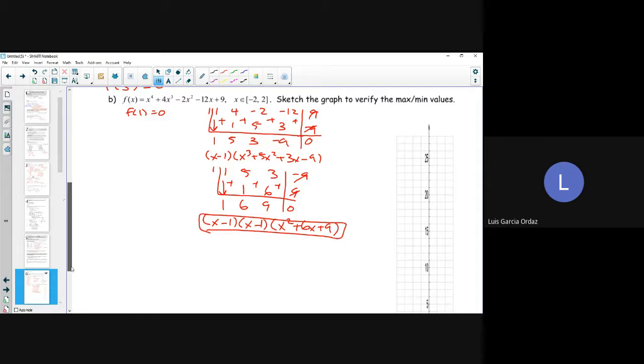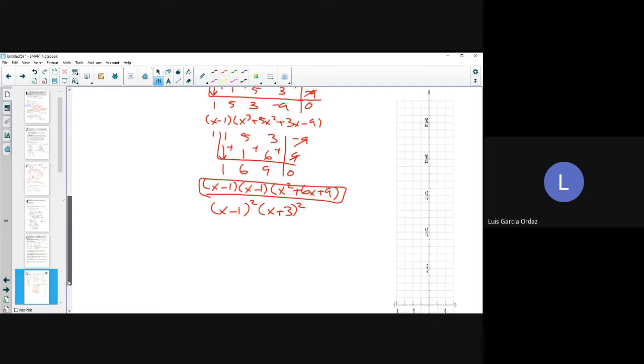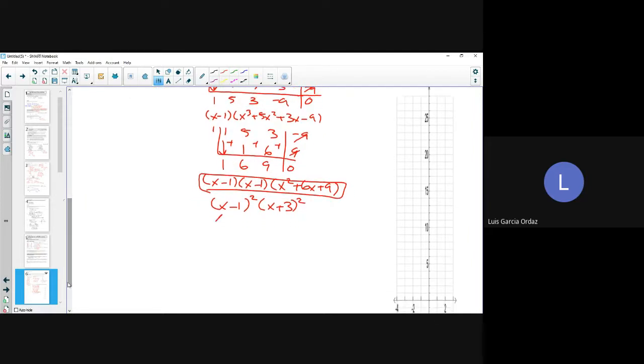Yep. So this simplifies to x minus 1 squared times x plus 3 squared, which means that at my zeros, x is equal to 1 and x is equal to negative 3.